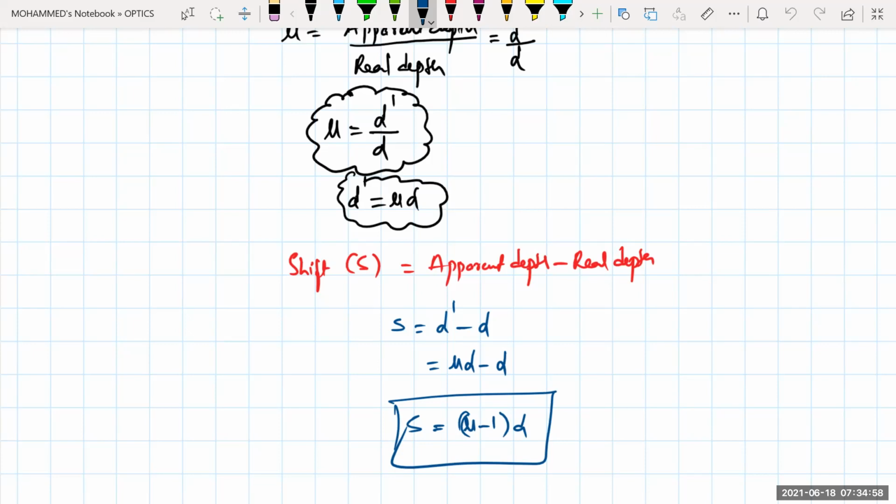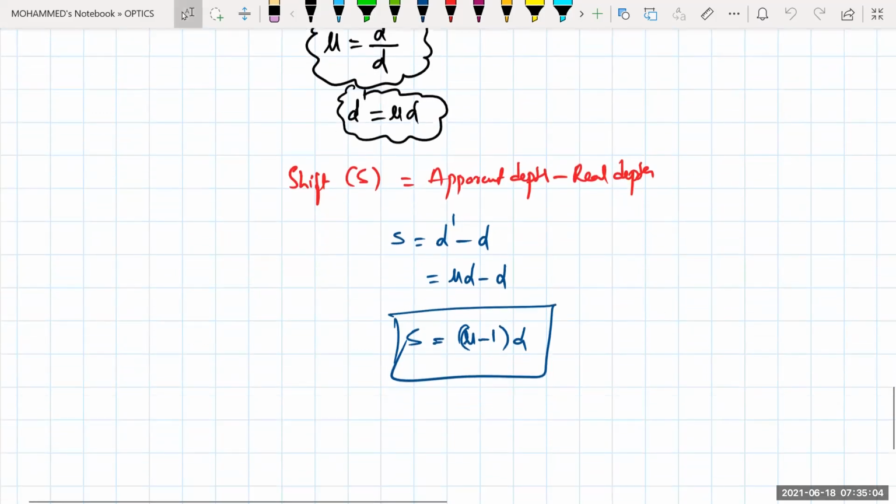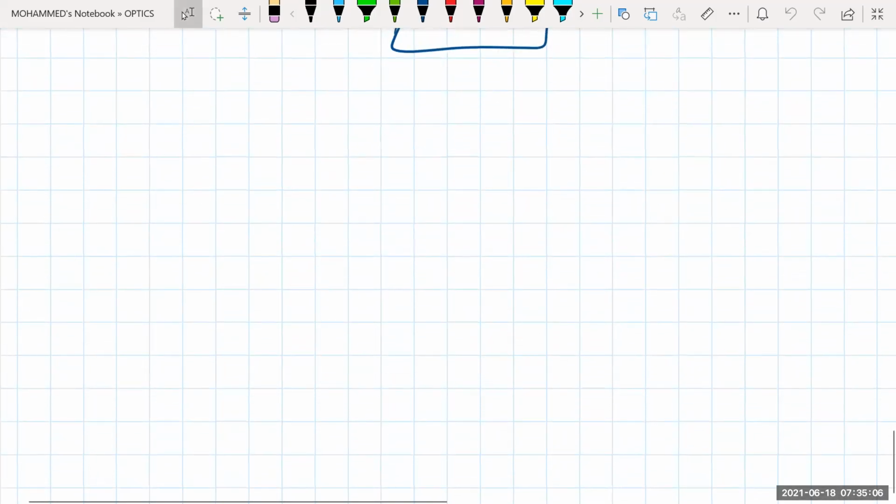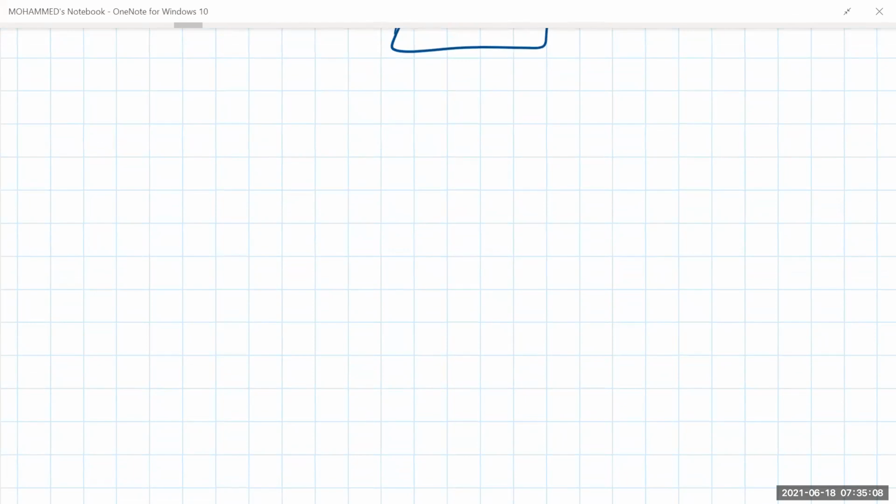Then the relations. For multiple slabs also you can use the same relation, the same rules.